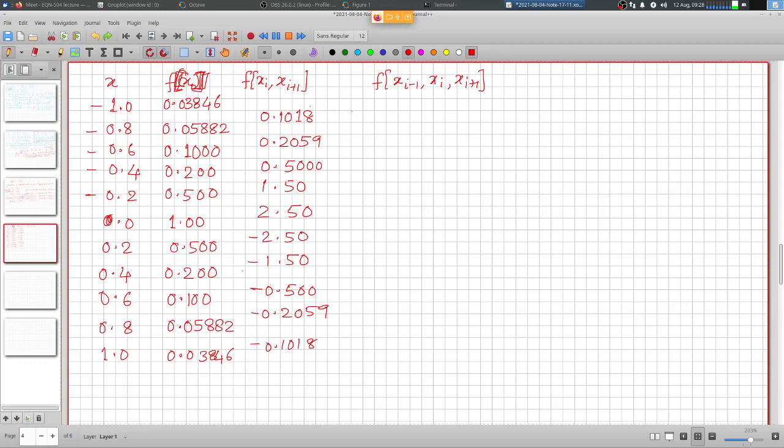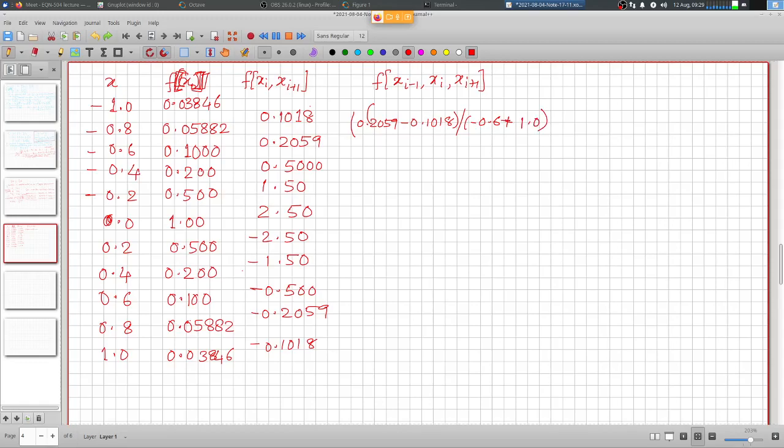So that would be 0.2059 minus 0.1018 divided by the points which are bracketing these, so that would be minus 0.6 and minus of minus 1, so that would be plus 1.